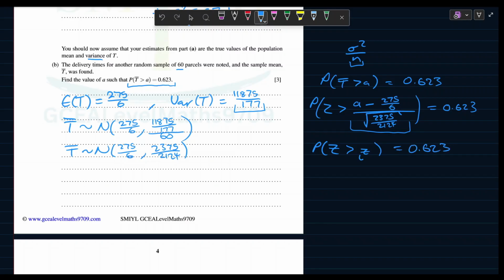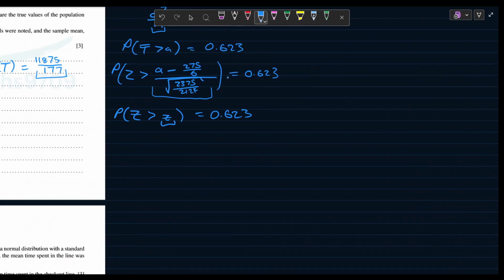So if we can find this z value, then we should be able to use that to help us find a. So if we draw a bell curve, what this tells us is that the area to the right, because greater than, to the right of z must be 0.623.